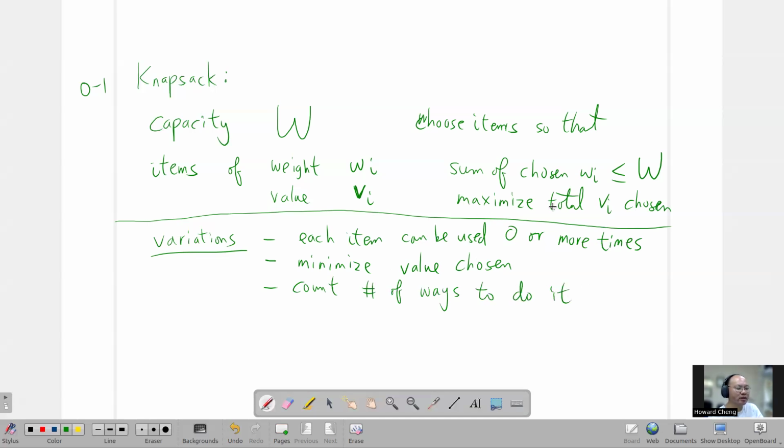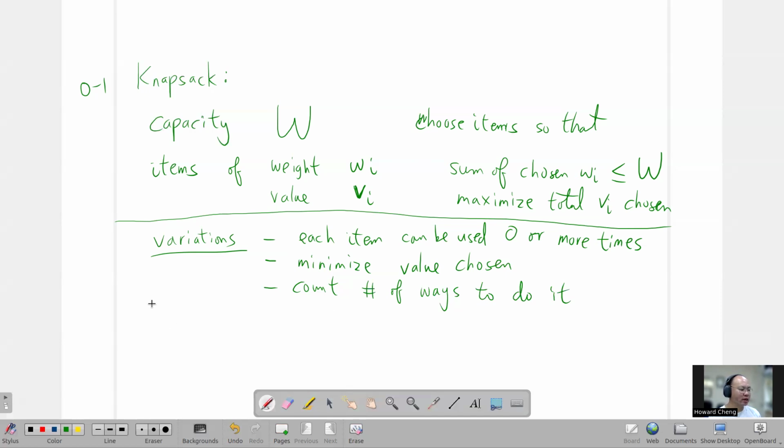So instead of maximizing total value, maybe there's no value, and you just want to know how many different ways you can pick items to satisfy the capacity limit. And there are many, perhaps, other variations. Okay, so it doesn't really matter which variation we look at. The idea of how to solve it is essentially the same.